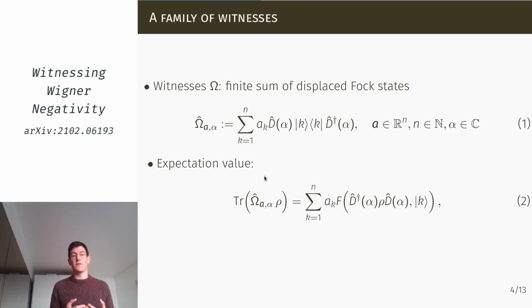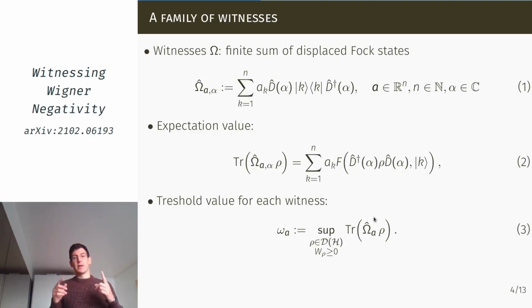Now the expectation value with any quantum state is just given by the fidelity of your state with a displaced Fock state. So it's quite easy to implement experimentally. And note that you can also forget the displacement if you take homodyne or heterodyne detection and just compute them via classical post-processing. So you can basically get rid of the displacement.